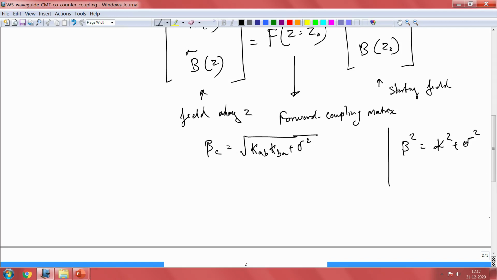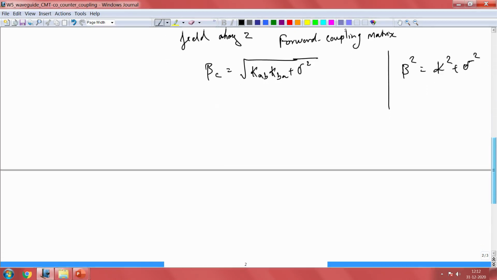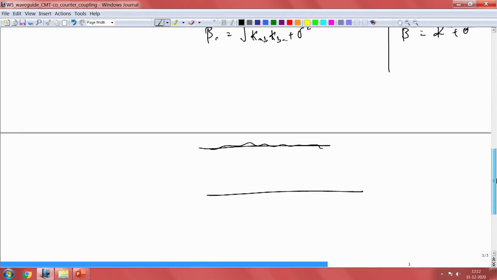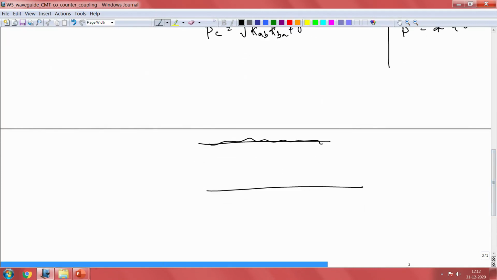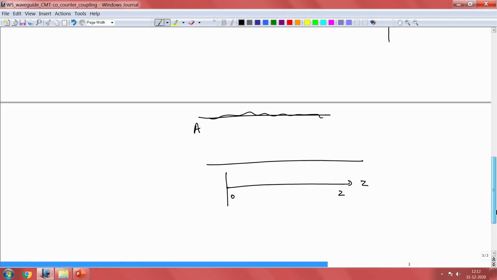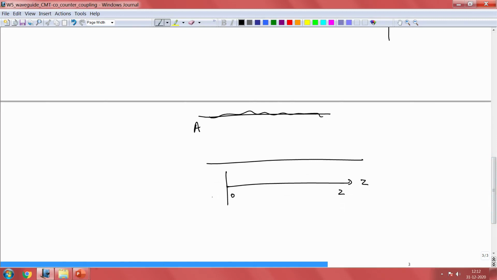Now let us take a simple case of a waveguide which has some perturbation here. It is a perturbed waveguide, and we are going to launch only A, along the z direction, where this is 0 and this is some z here. We are launching only A at z equal to 0. So the field inside the perturbed system, A tilde 0, is not equal to 0.